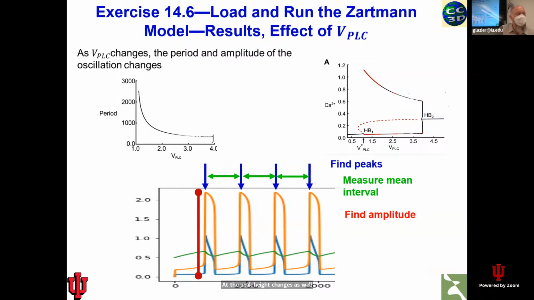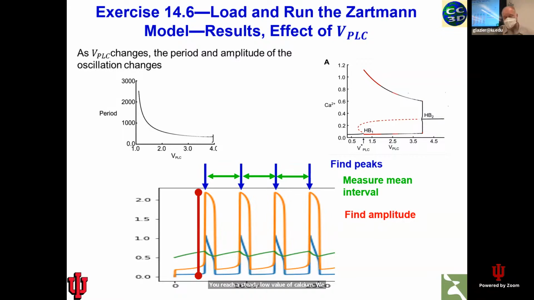And one can actually develop what's called a bifurcation diagram, which we're not really going to go into here, where there are two different bifurcations. The one at 0.773 that we just looked at, and then at 3.75, there's another one. So for VPLC below 0.773, you reach a steady low value of calcium.